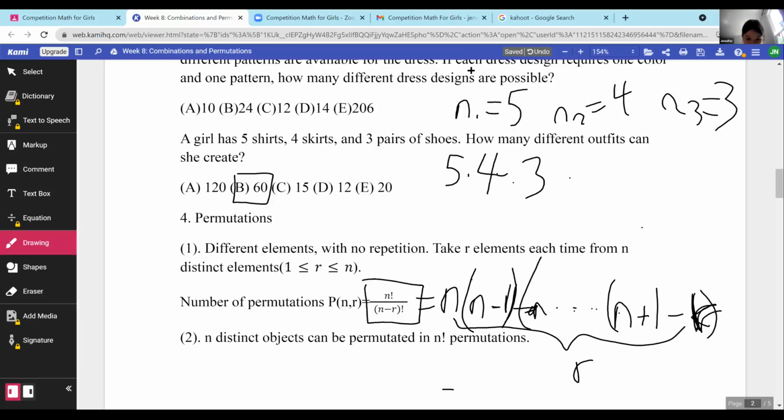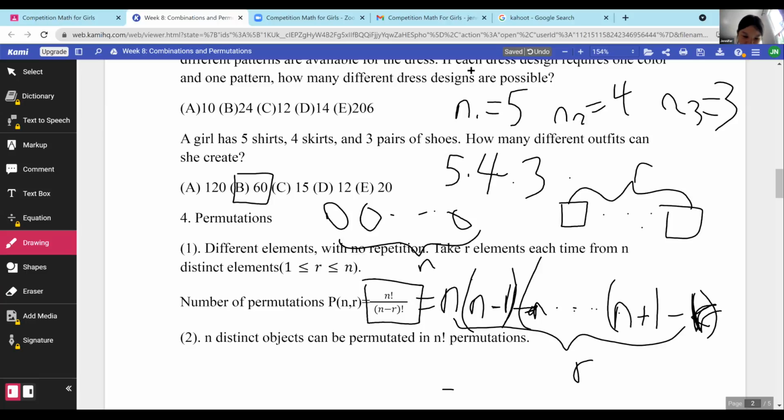And this makes sense, since if you want to arrange r elements from n, then the first spot, where there's r spots in all, has n choices out of these n objects. And the second spot has n minus 1, since you already took 1 out. And each new time you multiply, it's 1 object less. Now there's r spots.